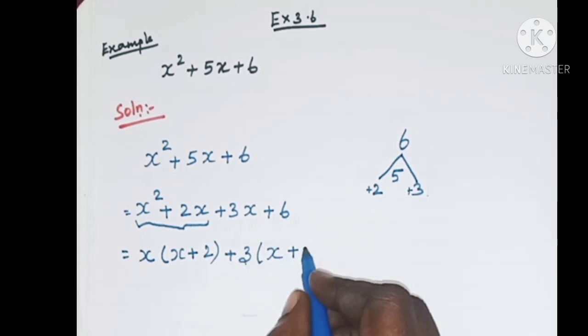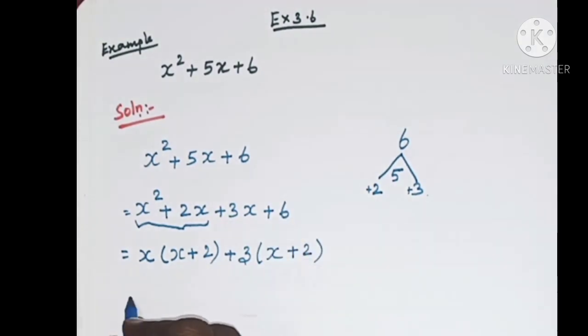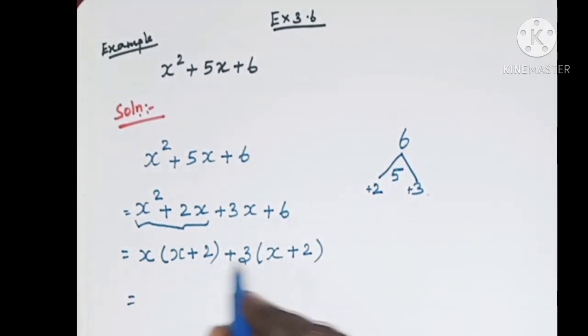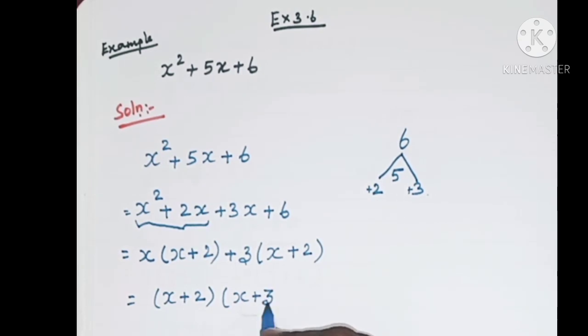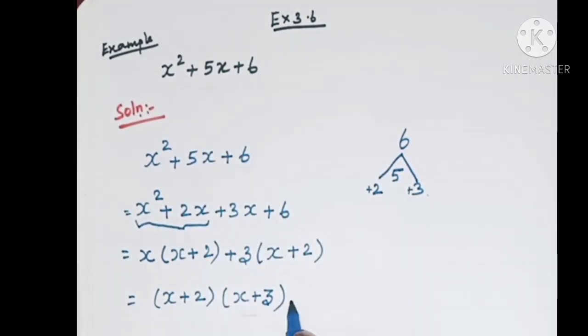So 3 taken outside, 3 into 2 is 6. Now inside the bracket we have x plus 2 and x plus 2. So write one x plus 2, and outside the bracket we have x plus 3. So x plus 2 and x plus 3 are the factors of the expression x square plus 5x plus 6.